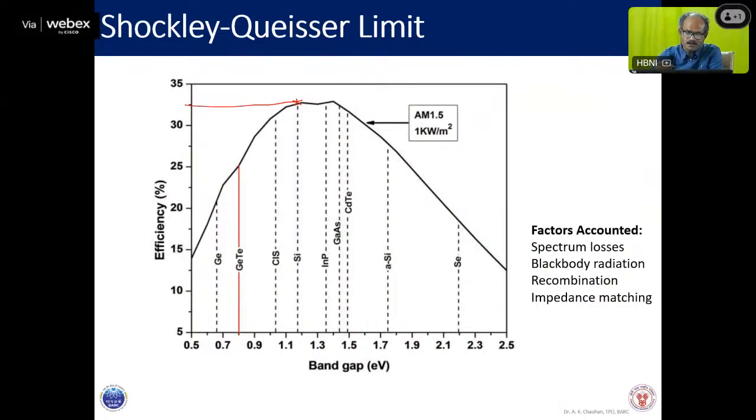So for this purpose, they accounted all these losses which we just now discussed: spectrum losses, black body radiation, recombination possibility, impedance matching also.